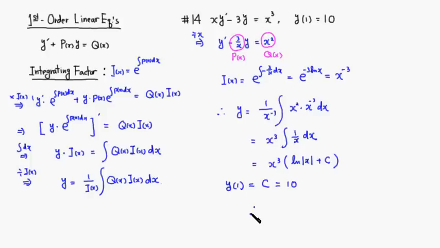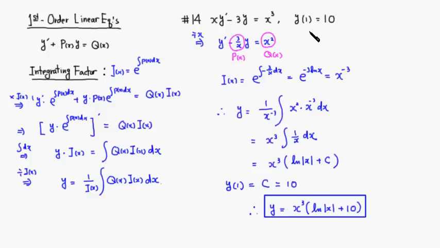Therefore the particular solution y is x cubed times the quantity natural log of absolute value of x plus the constant, in this case 10. This is the particular solution of the initial value problem here.